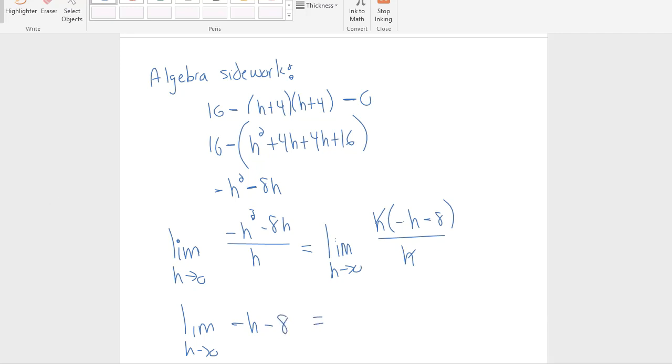Now again, instead of having to build a whole entire table to explore this, if I plug in h equals 1, h equals 0.5, h equals 0.1, h equals 0.01, 0.001, 0.0001, when h becomes 0, I'm going to have 0 here, and I'm going to get negative 8 as my end result. And that was exactly what we saw in the table. So when we took the time to construct that table, and let those 2 points become the same, we saw the average rate of change becoming the instantaneous rate of change right at t equals 4.